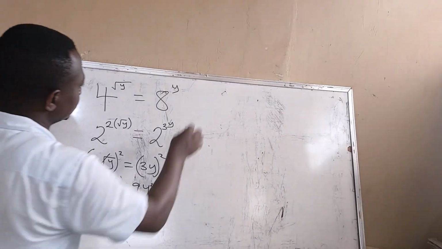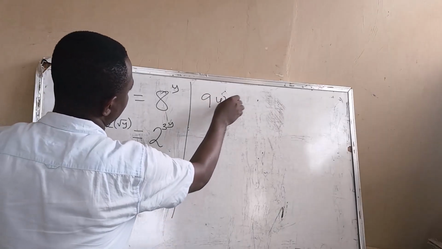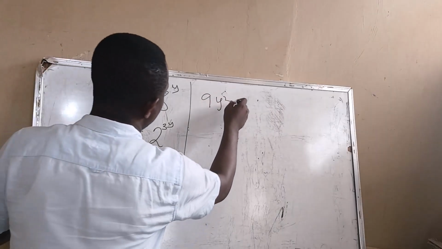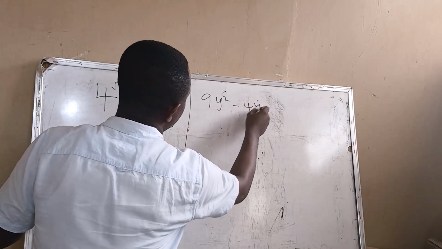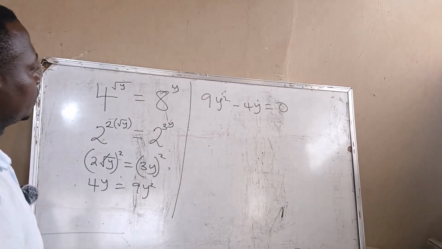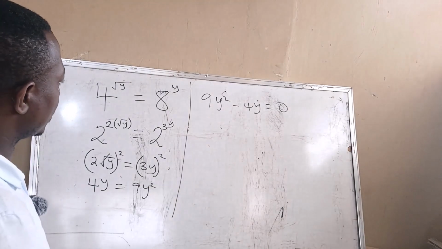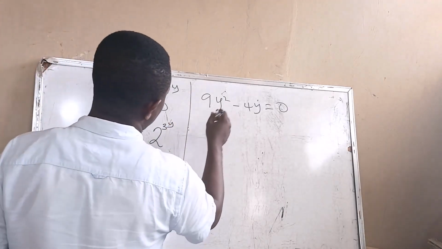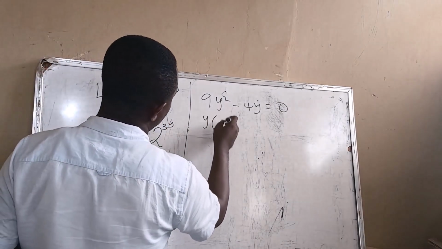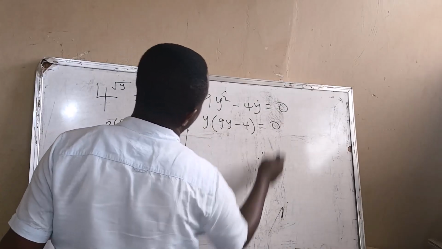So it's the same as 9y squared minus 4y equals 0. Okay. So from here, let's take y out. So that will be y times 9y minus 4 equal to 0.